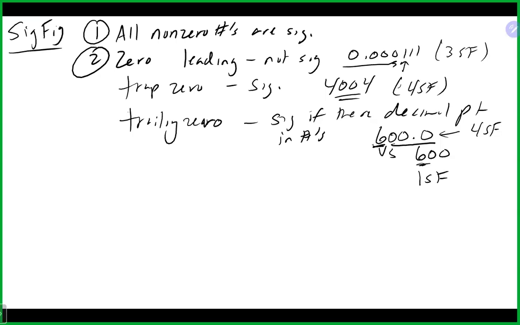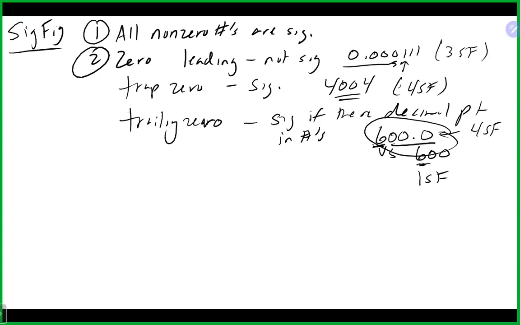That would mean the uncertainty in that 600 with no decimal point is like saying, I think it's 600, but it could be 700 or it could be 500. There's big room for lots of error there, as opposed to this 600 here, where you're saying, I think it's 600, but it might be 599.9 or it may be 600.1, which is a much better measurement, less uncertainty.